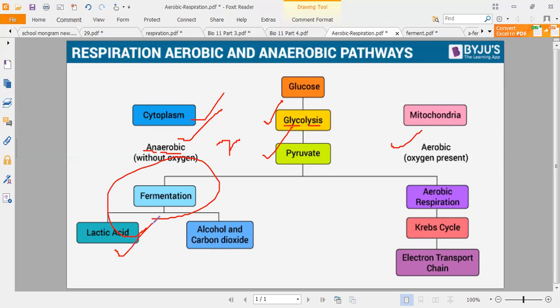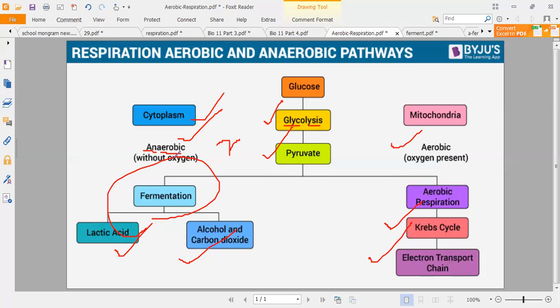That is lactic acid fermentation, and then alcoholic fermentation, in which we get alcohol and carbon dioxide. If oxygen is present, pyruvate goes through aerobic respiration, and then pyruvate moves into the Krebs cycle, then it moves into the electron transport chain. So we will get ATP from these, and especially from the electron transport chain.